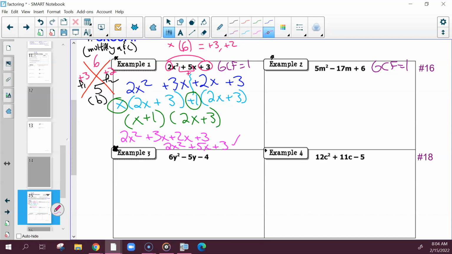So then we need to take A, or 5, and C, multiply them together to get positive 30.